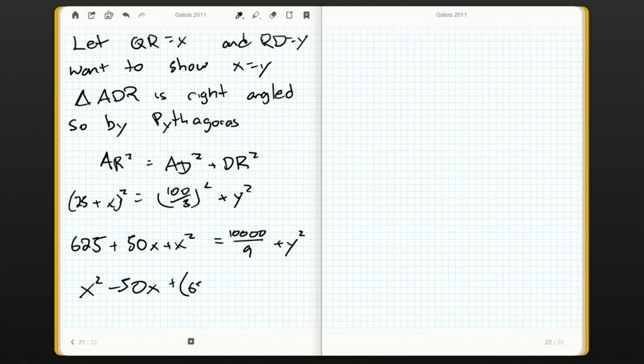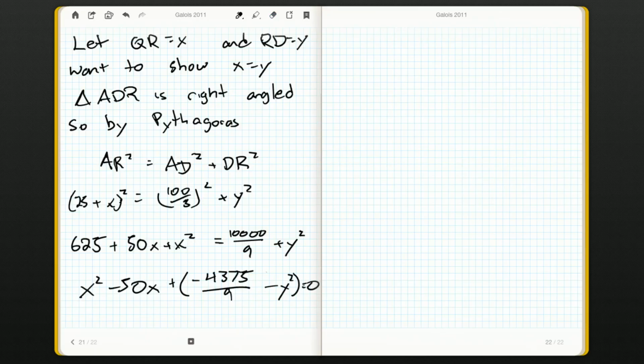X squared plus 50X plus 625 minus 10,000 over 9. Let's combine these two while we're at it. 625 minus 10,000 over 9, that's going to be negative 4375 over 9, minus Y squared is equal to 0.